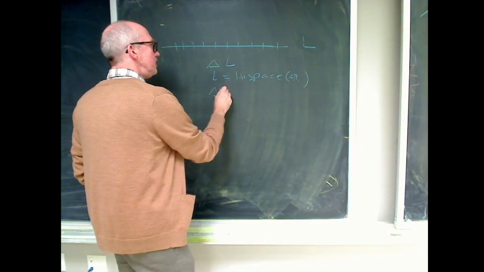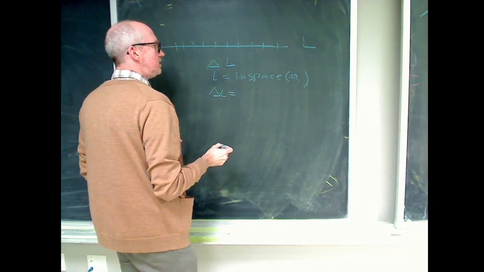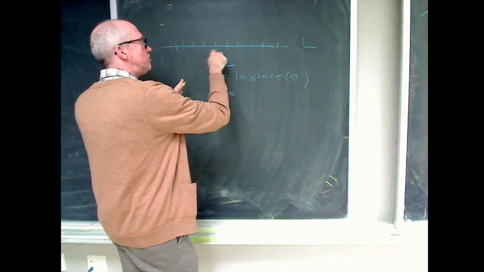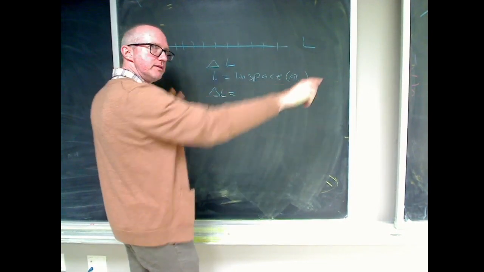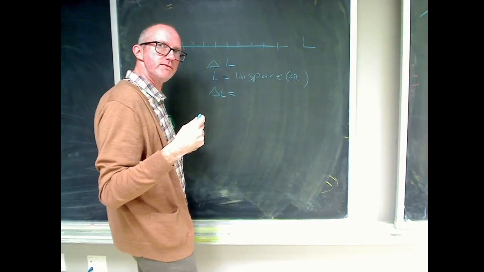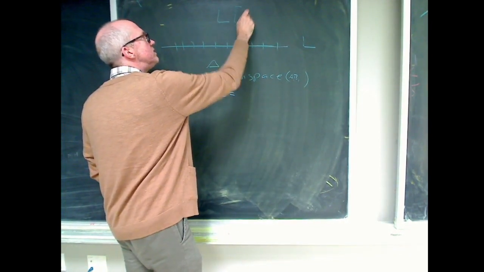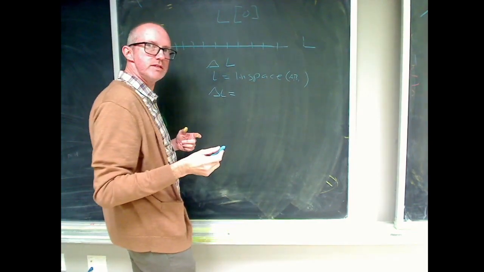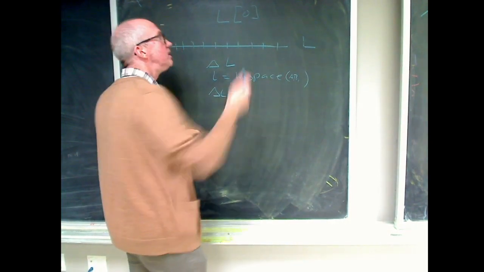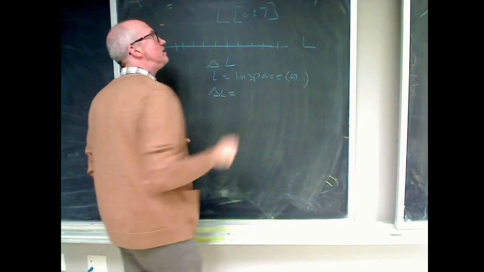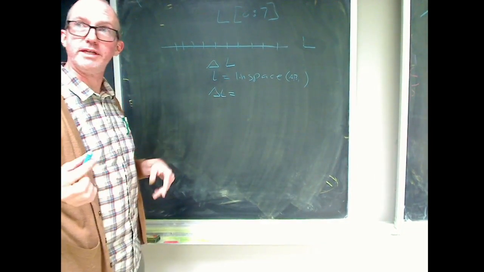Now what's delta L? L is an array, so I want to take this one minus this one for every element. So I'm going to do this in a funny way. When I have an array, I can say L of 0, that gives me the 0th element. If I say L of 0 to 7, what does that give me?